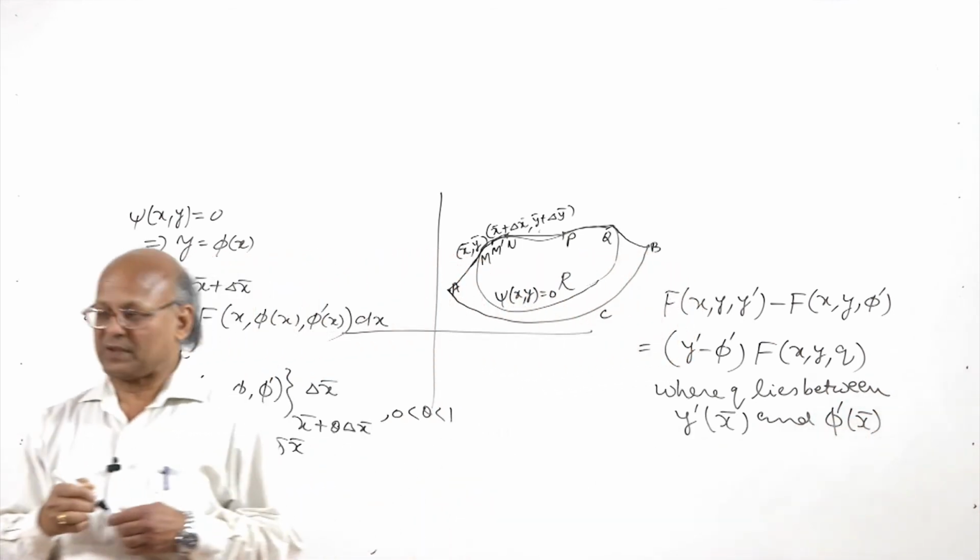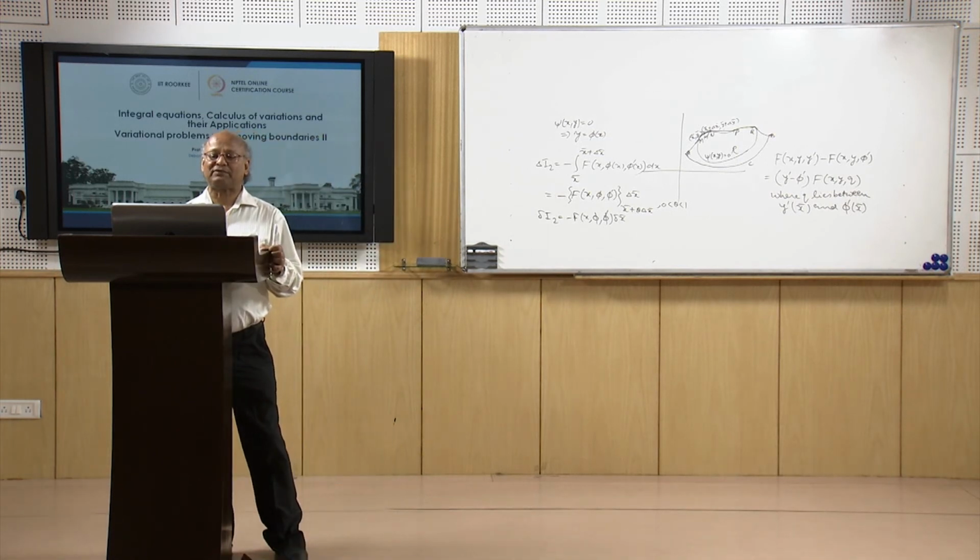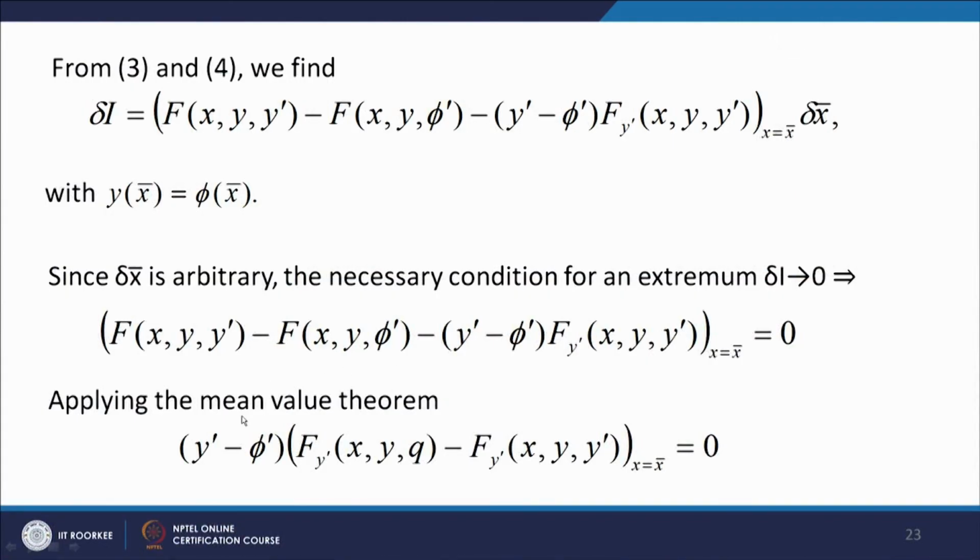So the first two terms, f_x ψ' minus f_x φ', can be expressed as (ψ' minus φ') into f_ψ'ψ' at q. So we can take ψ' minus φ' common, and we have (ψ' minus φ') times f_ψ'ψ' at q.